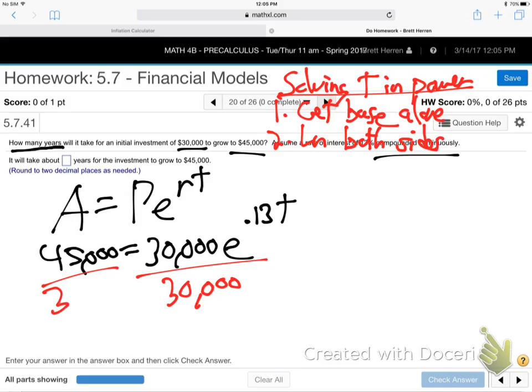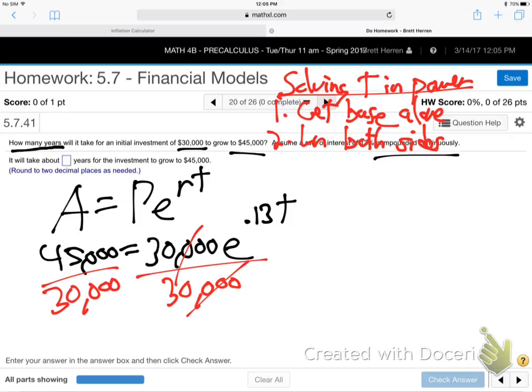That's why I'm dividing by the 30,000, because I've got to get the base alone. What's the base? The base is the e. And in the other formula, the base is the whole parenthesis thing. The base is the thing that has the power on it. That power is not on the 30,000; it's on the e. So the base is the e. You guys with me? The base is the thing that has the power on it.